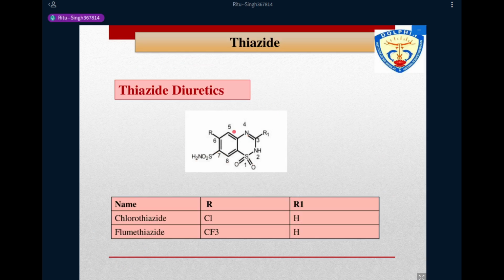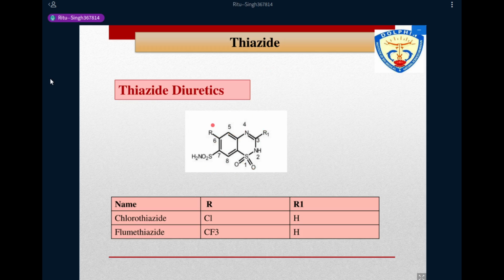This is the structure of thiazide diuretics. These drugs are administered orally, and thiazides are rapidly absorbed and the diuretic effect is seen. But chlorothiazide is not given orally. In all categories of thiazide, all drugs are given by oral route, but chlorothiazide is not given by oral route. This is the basic structure of thiazide diuretics.